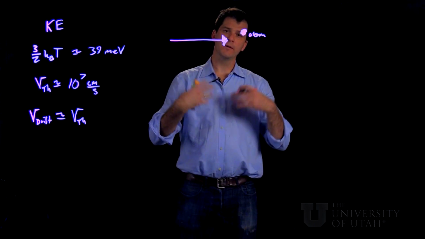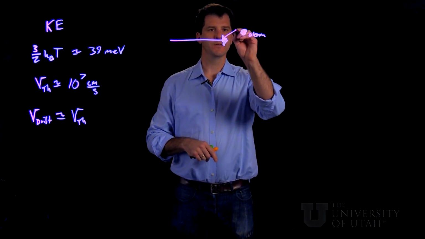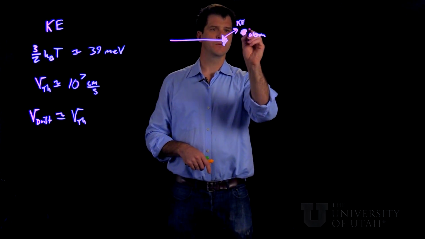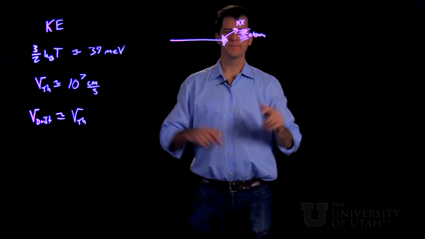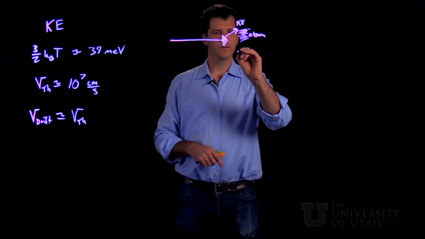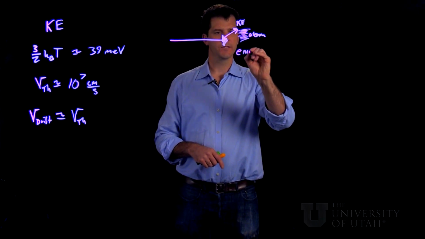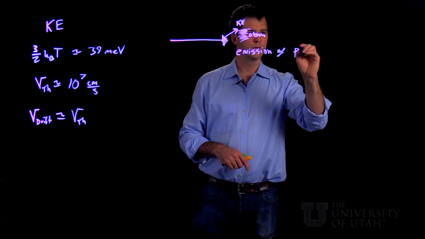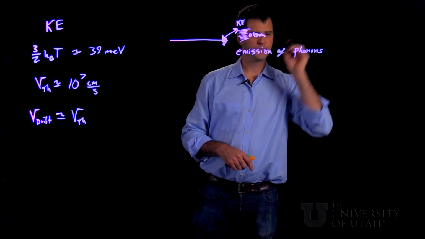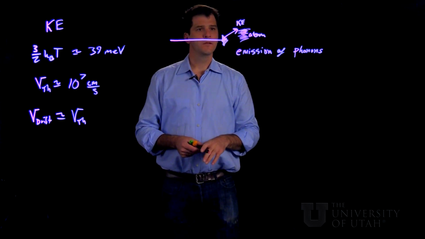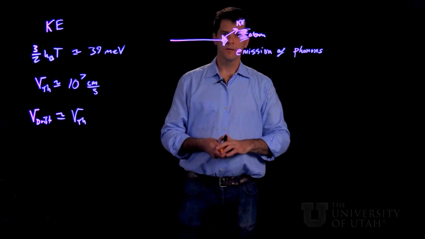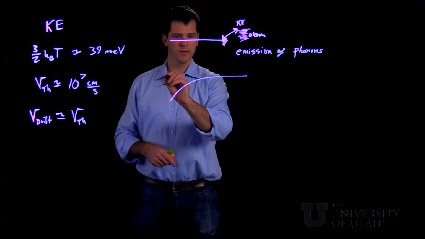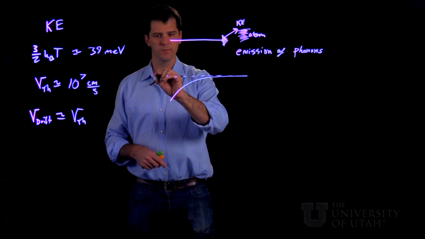And so the probability is that it will actually give some energy, a little packet of kinetic energy will be transferred to the atom, which results in it shaking harder. So this is actually the phenomenon of emission of phonons. So this can explain why the velocity saturates versus E field at about this thermal energy.